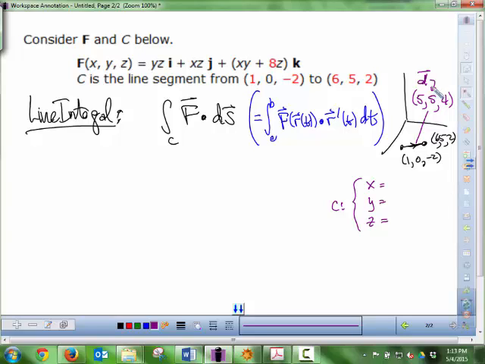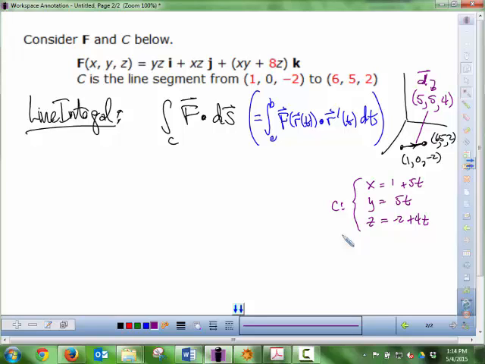And so it's going to be the first point plus t times the direction, which we can write as (1, 0, -2) plus t times (5, 5, 4). So our x is 1 plus 5t, our y is equal to 5t, and our z is equal to negative 2 plus 4t. Okay?